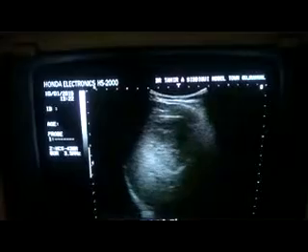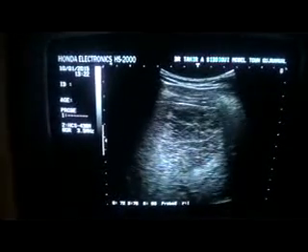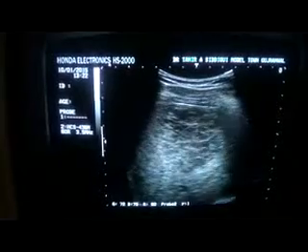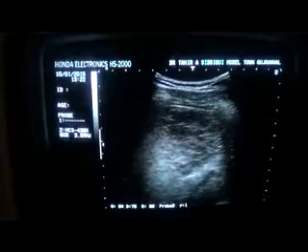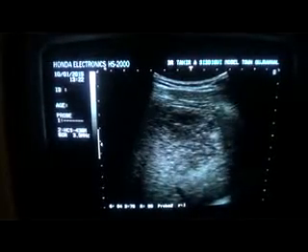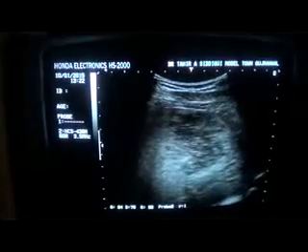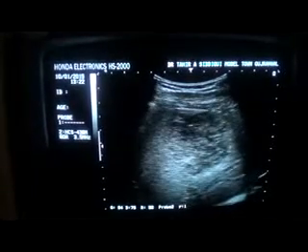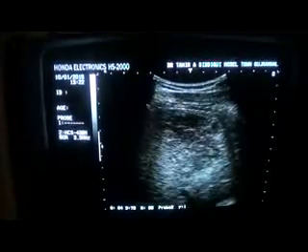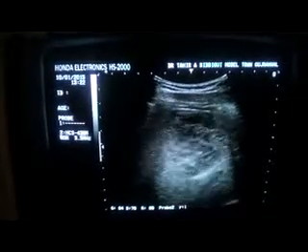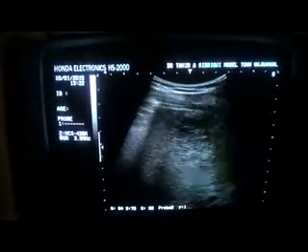Other thing that you can report is that we see an approximately 4.4 by 4 centimeter predominantly cystic area with multiple internal echogenic areas scattered within it, giving posterior wall acoustic enhancement in the anterior segment of the right lobe of the liver.